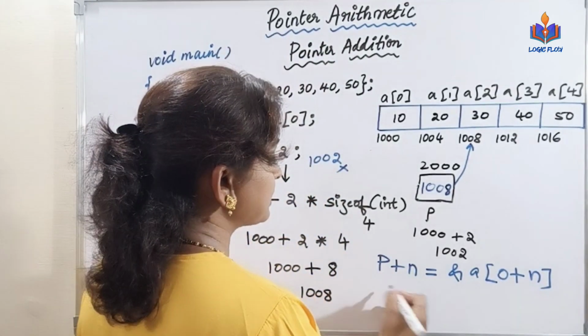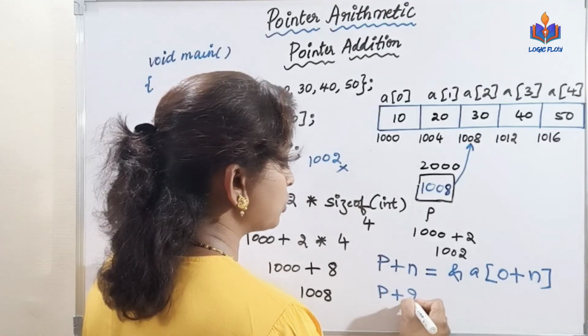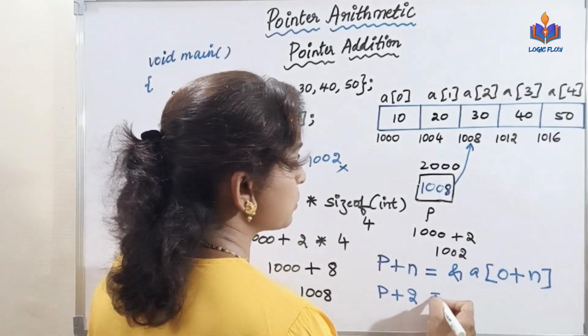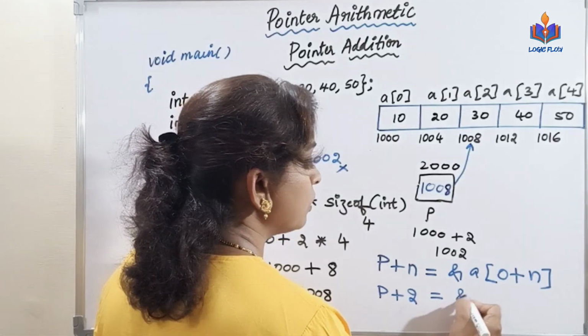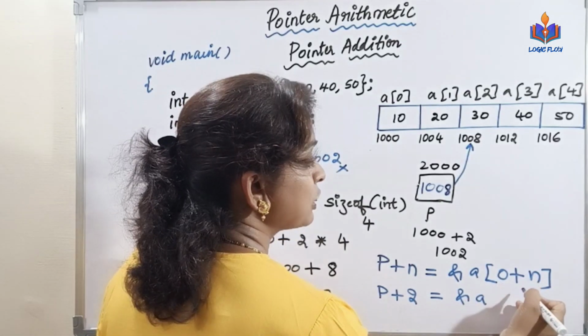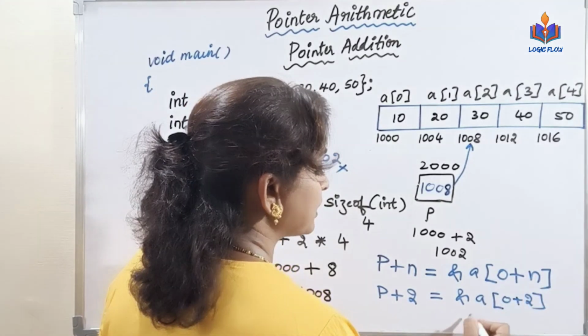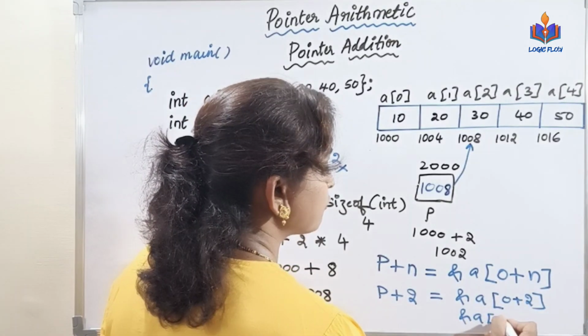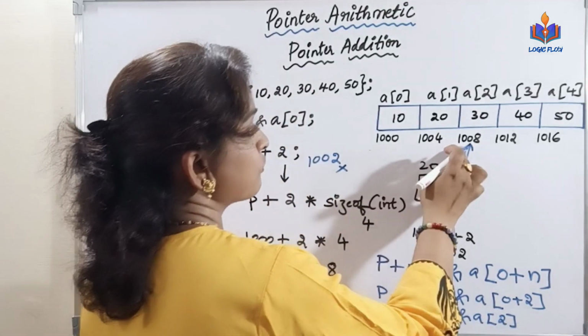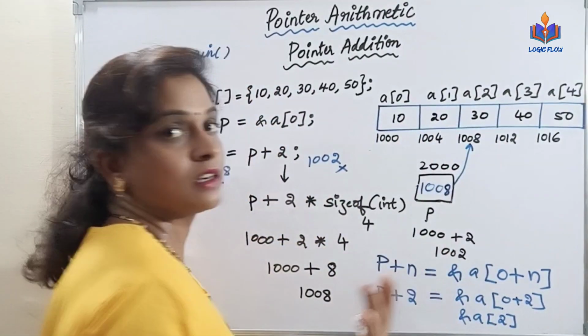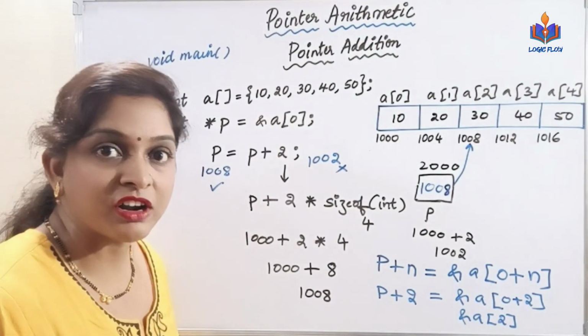So P plus n, if I just say P plus 2, it is nothing but equal to the location of 0 plus n. 0 plus n means 0 plus 2. So it is ampersand of A of 2. So what is the address of A of 2? It is the third element. Hope you have understood this.